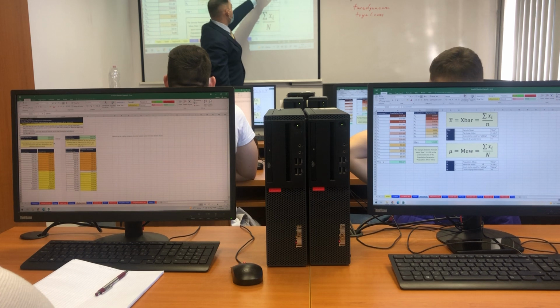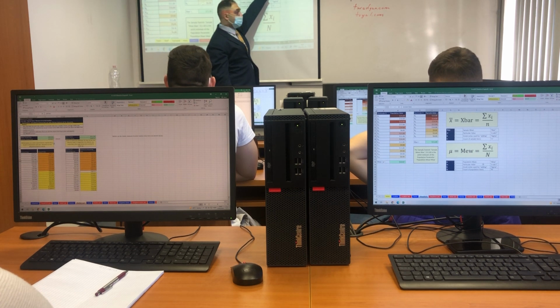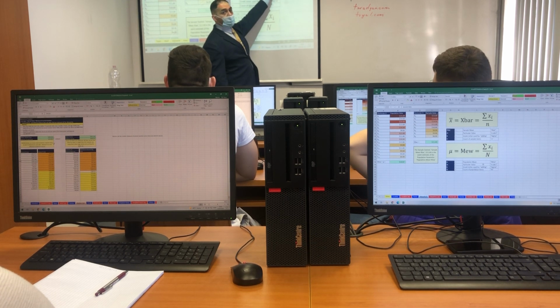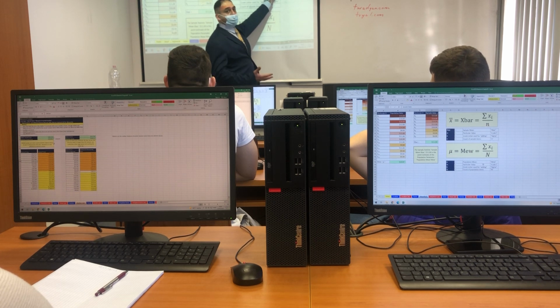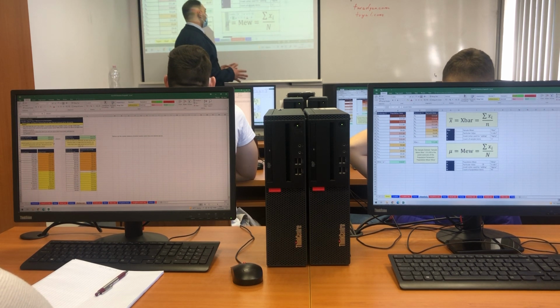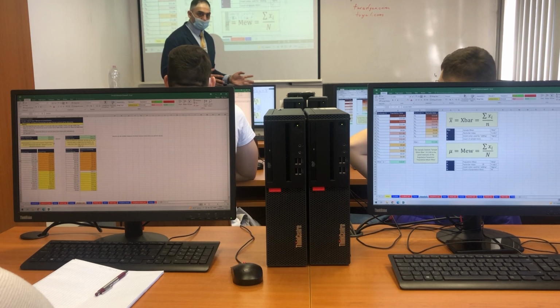We are just summing up all the things that we have in our collection and dividing by the number of things in that collection. But this is little n that says that we are dealing with a sample. This is big N that says we are dealing with the general population. Okay?